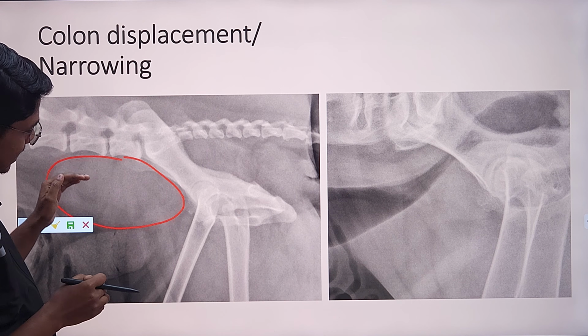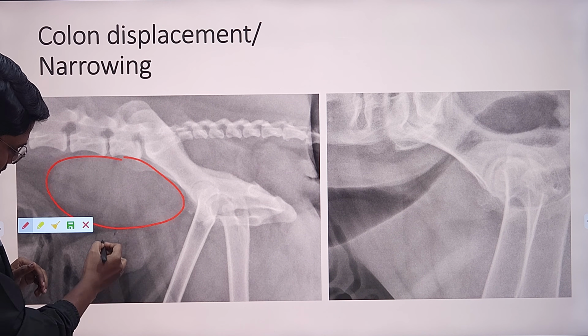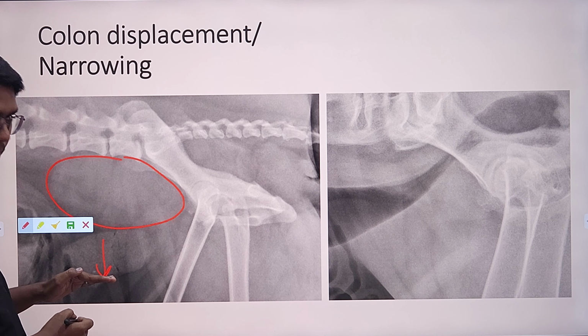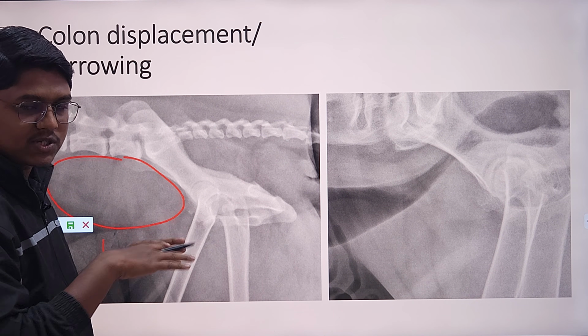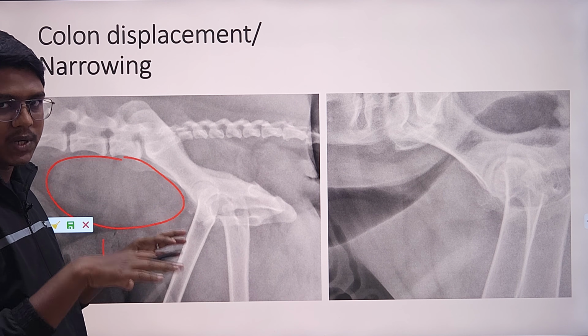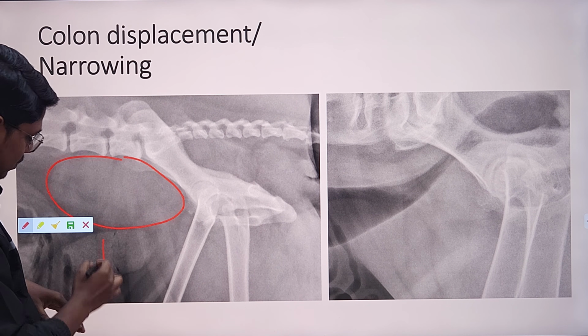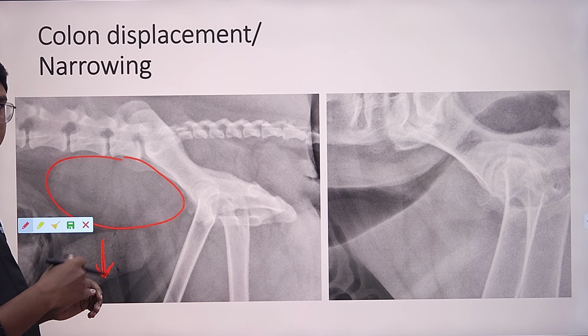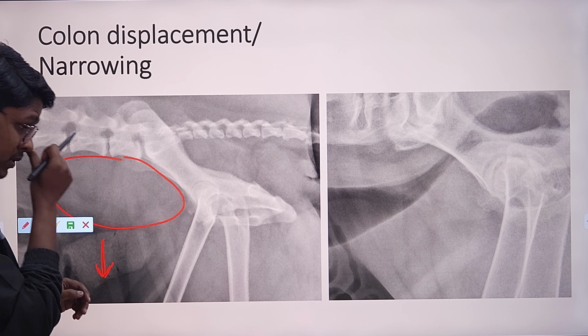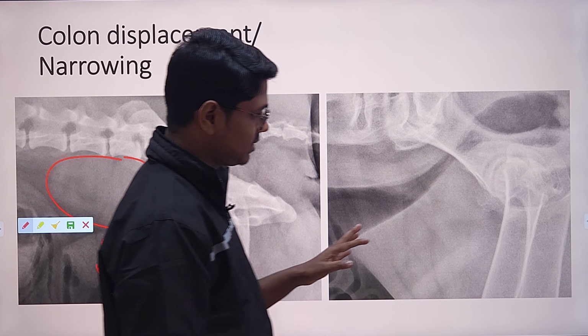When the medial iliac lymph node is enlarged, the colon will be pushed ventrally. That is why I told you to remember all the nearby structures, because nearby structures can affect the colon itself. So the colon will be pushed ventrally and there will also be narrowing, resulting in difficulty in passing stools. This is a case of, can you tell what the case is?